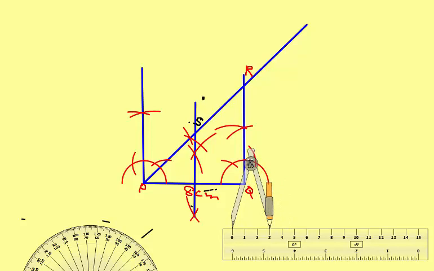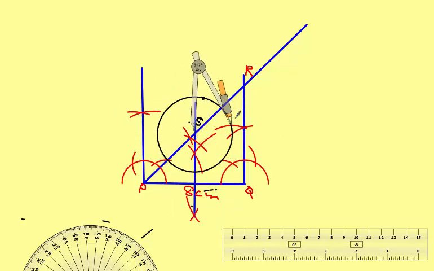Good. Stand at S with a radius of 3 centimeters and draw a circle. So let's draw our circle from here. Good. So really that is our diagram for the next question, which was question 2.